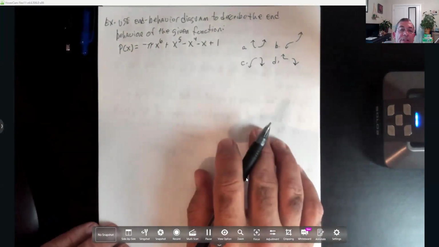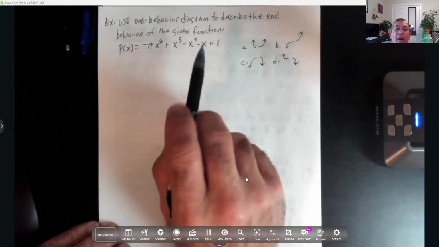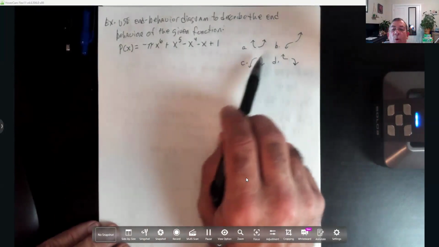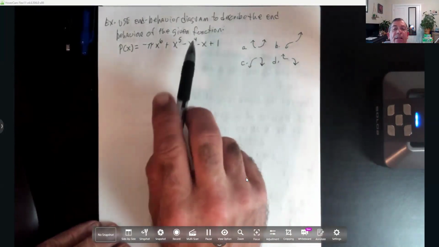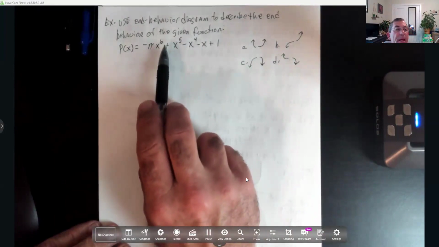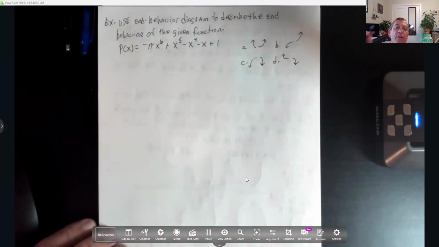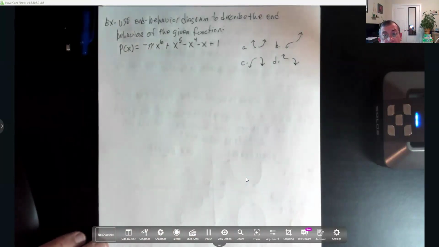Here's the question on this one. I want to know which one of these four sketches describes the end behavior of this given function. You have to figure out the degree, and then whether the lead coefficient is positive or negative.